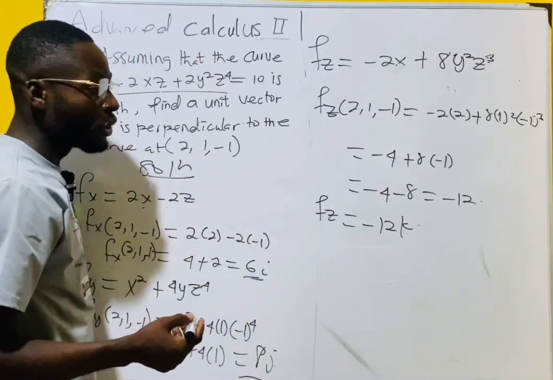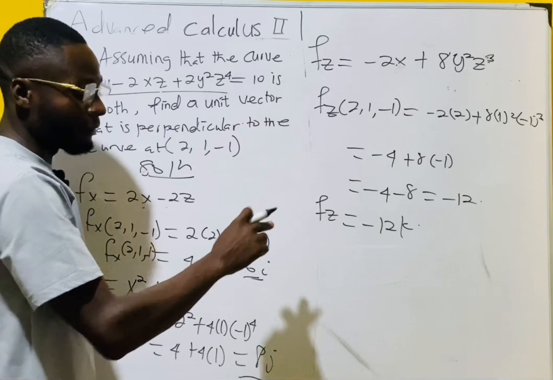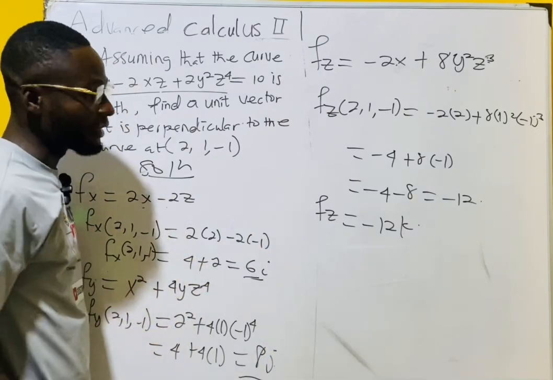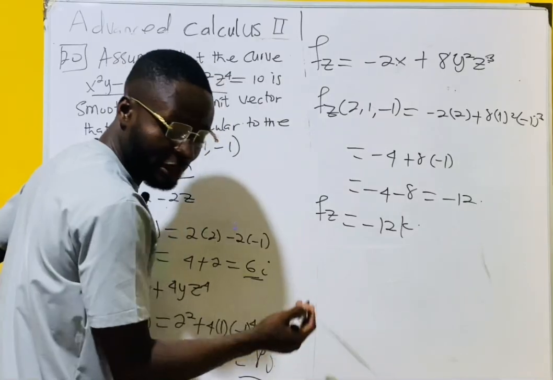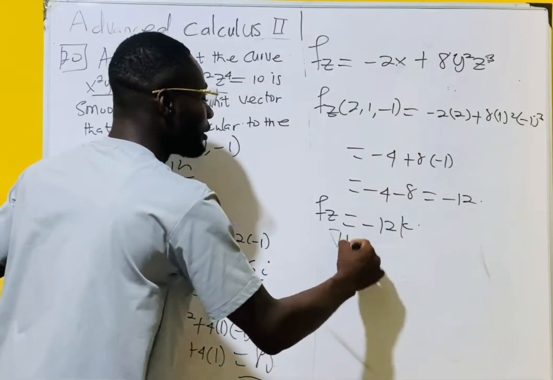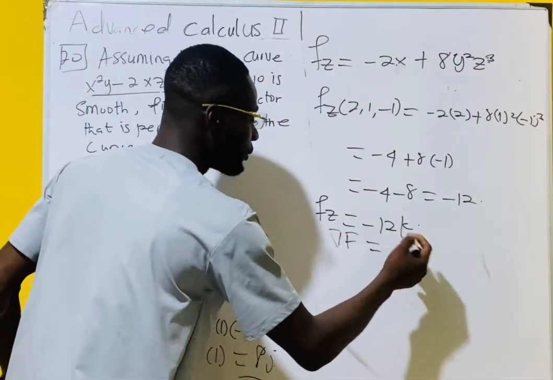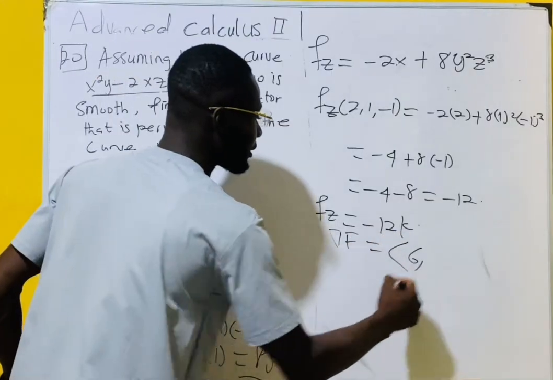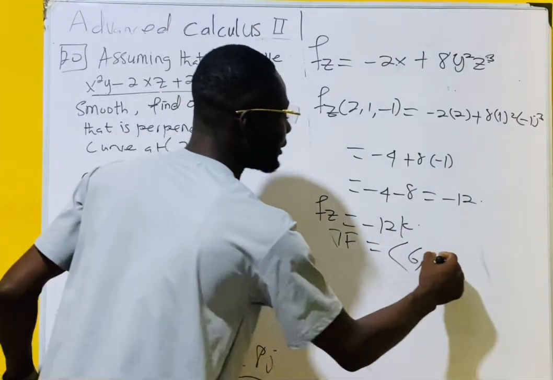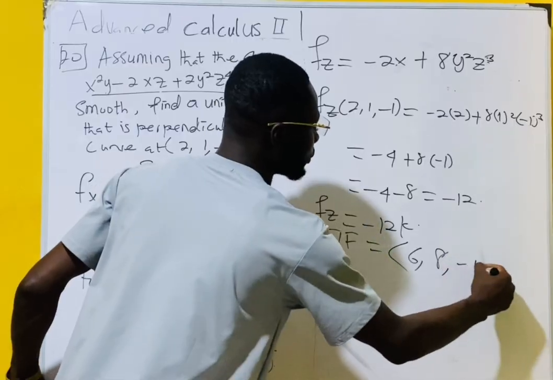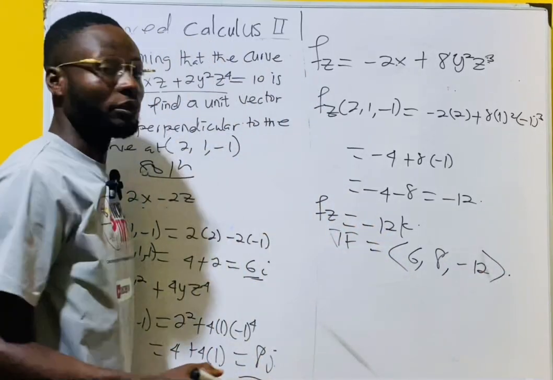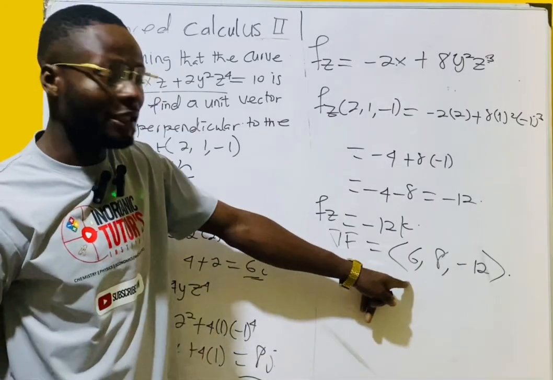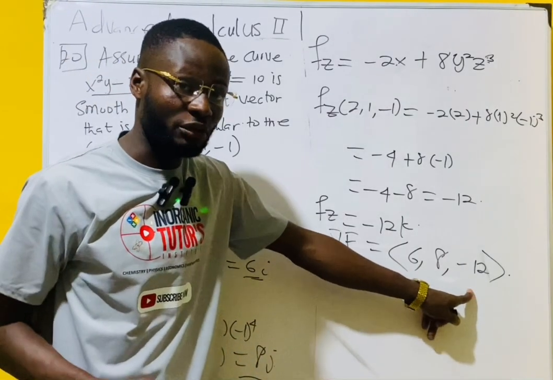So we have to normalize this vector to make it a unit vector. So we have our gradient to be 6, 8, and the last is minus 12. So we're going to normalize it to make it a unit vector. In doing that, we have to find the magnitude of this.